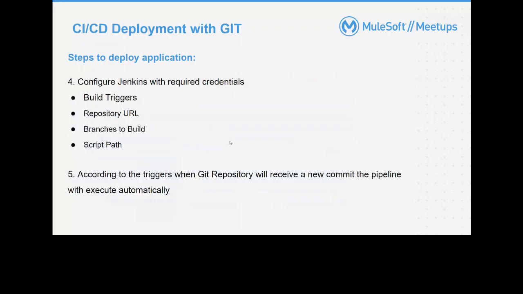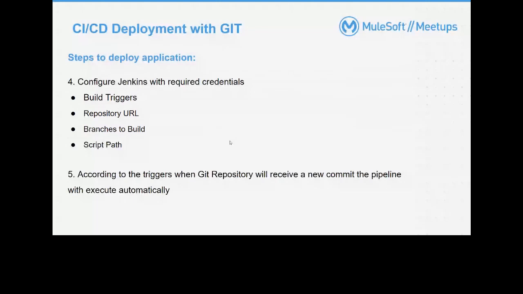Then comes the fourth step, which is to configure Jenkins with required credentials, which includes the build triggers, the repository URLs, the branches on which the pipeline will be built, and the script path. According to the triggers we have defined, the pipeline will execute automatically.